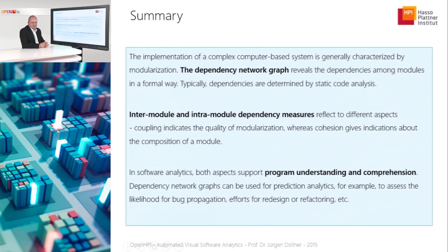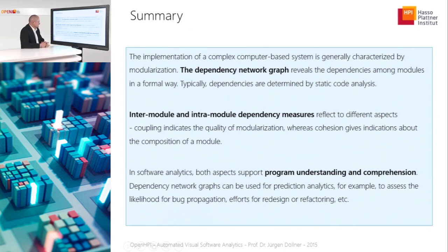In software analytics, both aspects support program understanding and comprehension. So if you want to understand and comprehend a specific given setting in a complex software system, coupling is one first way to understand how the system works and how it is composed.